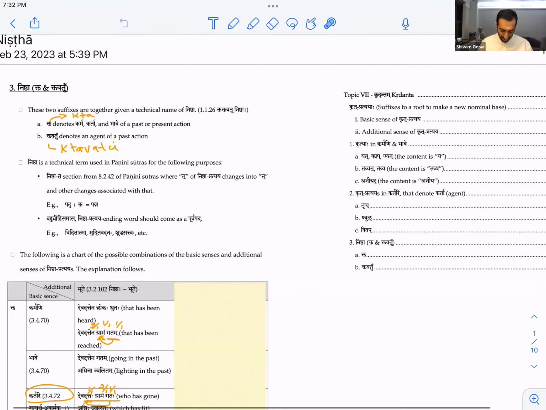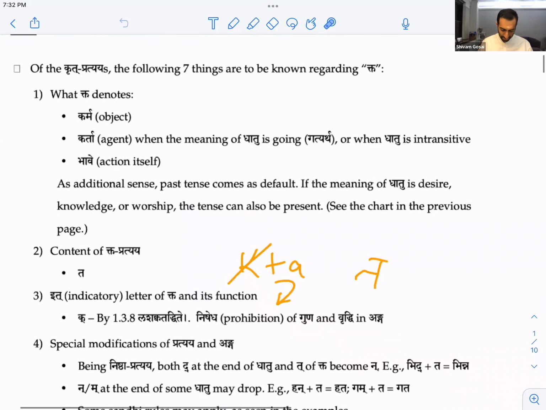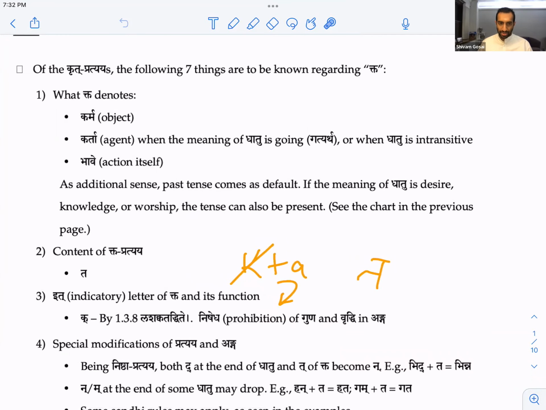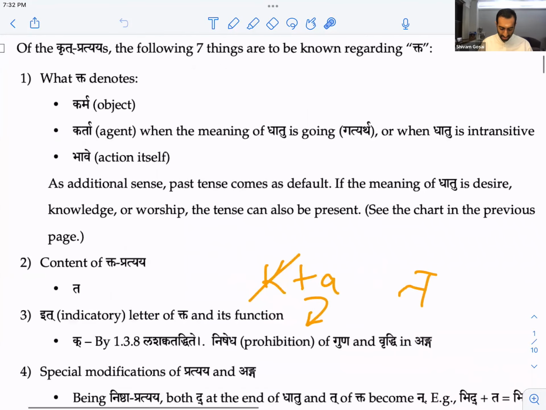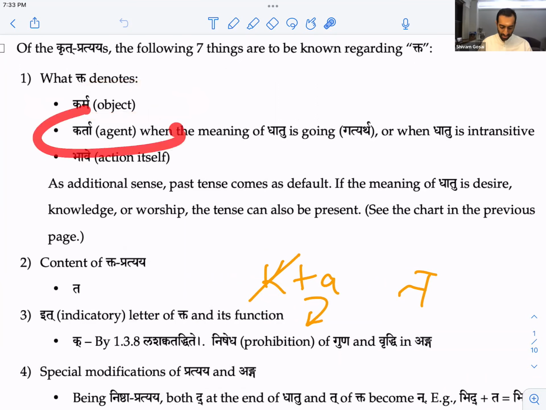So we're seeing kta denotes three things. By default, it's karmani, but it can also be kartari, right? It can also denote the karta, the agent, when the meanings of the dhatu are gatyartha, or when the dhatu is intransitive, akarmaka, right?